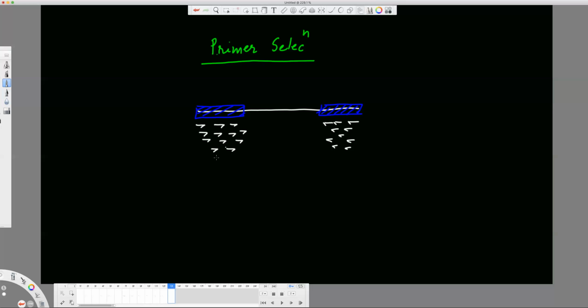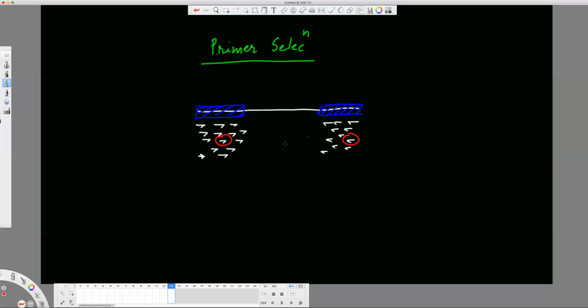And it turns out that one of these primers is going to be better than others, right? So let us say that somewhere here, this forward primer and this reverse primer were a very good choice.